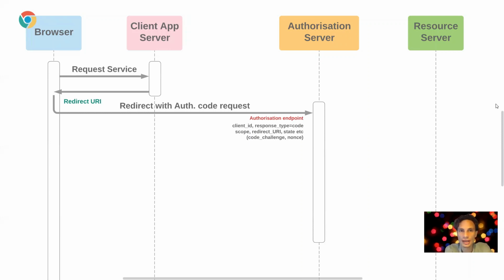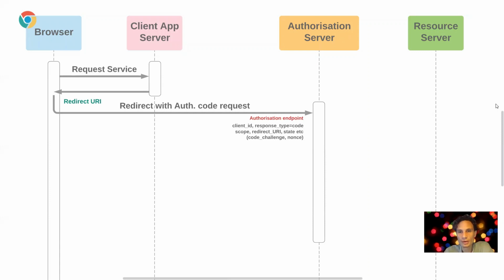So this gives the client app server confidence that the response from the authorization server is made with knowledge of the original auth code request, and which can protect against some cross-site request forgery attacks. It's also optionally possible here to include a code challenge and a nonce.